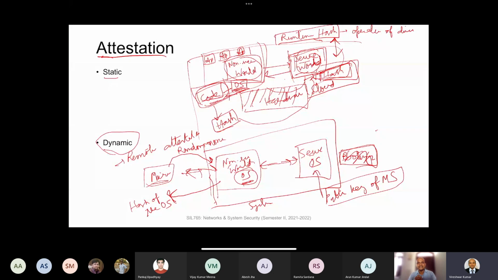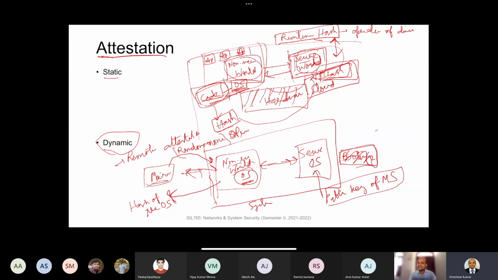When the random nonce is sent, it will of course be signed using the private key of Microsoft. Then this nonce will reach the non-secure world and be forwarded.